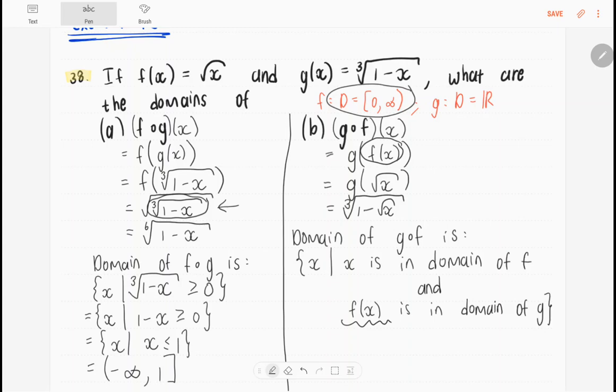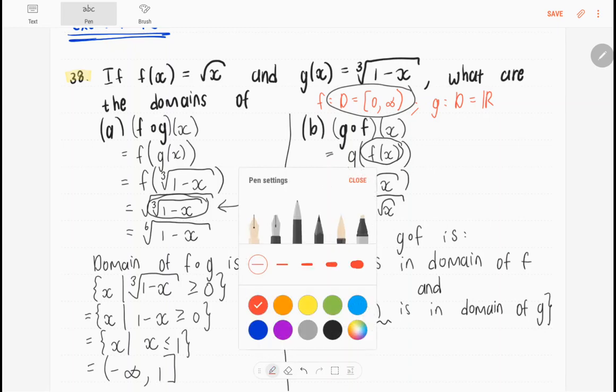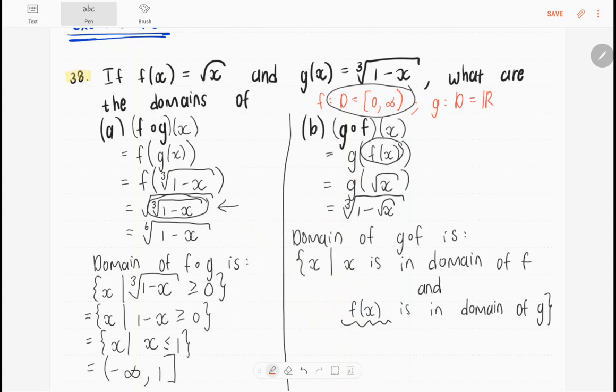That simply means that the range of f of x has to be in the domain of G. So let's just make a note up here. What is the range of f? The range of f will be the same as the domain, from 0 to infinity, since the answer of the square root of a positive number will just give us a positive number.